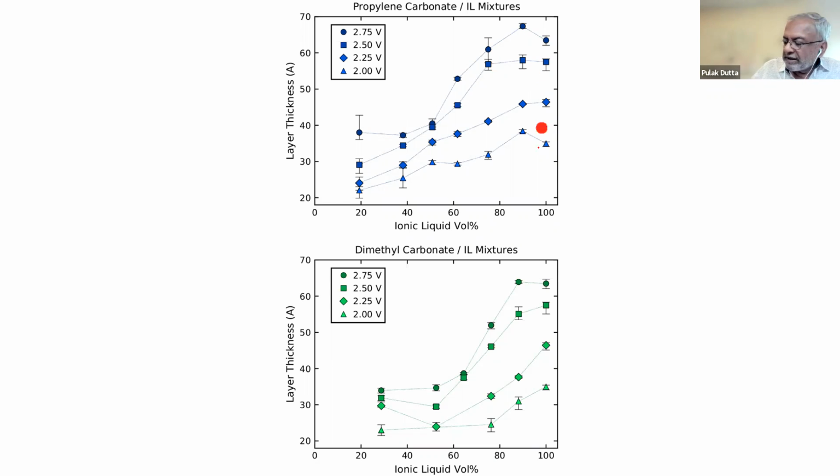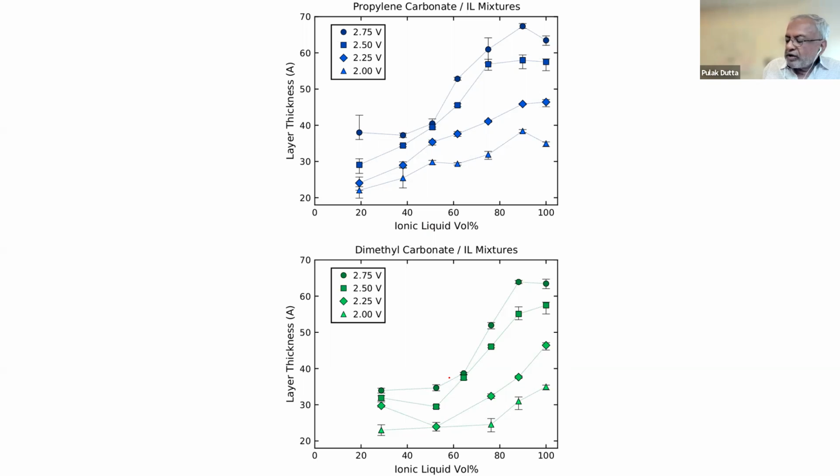More or less, you can see that the layer thickness increases with voltage, and it decreases when you have a more dilute solution. This is dilute, this is concentrated, this is 100% IL over here, 100% IL over here. The differences between the polar solvent and the non-polar solvent are small.